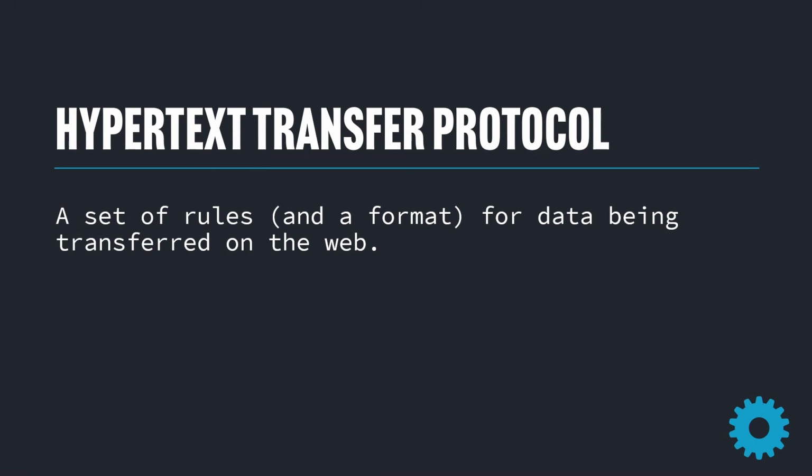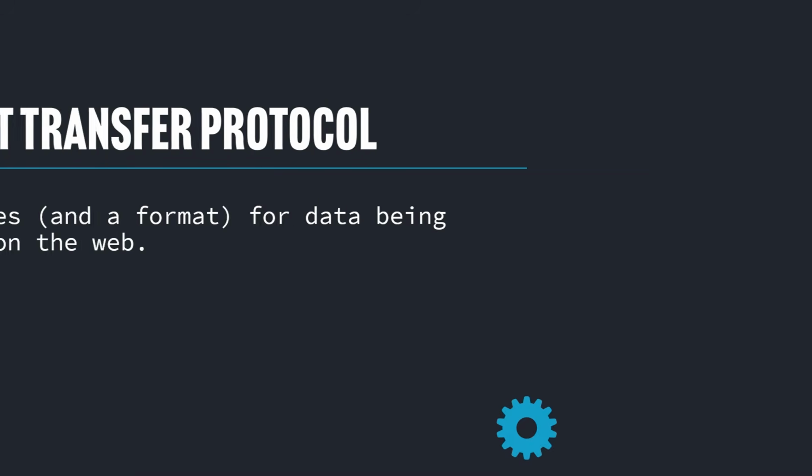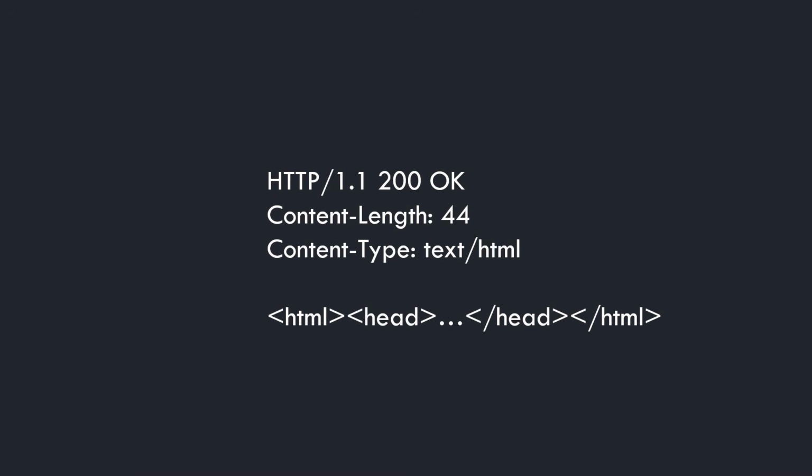That's a protocol. It's primarily intended for transferring hypertext, meaning really HTML. But of course, we do a lot more than that these days. But when you think about an HTTP request or response, you're really thinking essentially about a specially formatted sequence of text, kind of like a specially formatted text file being sent across the internet.